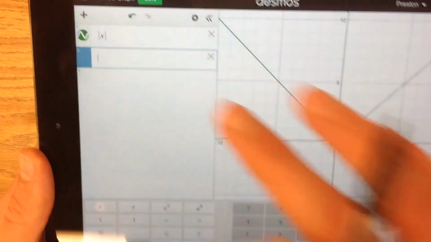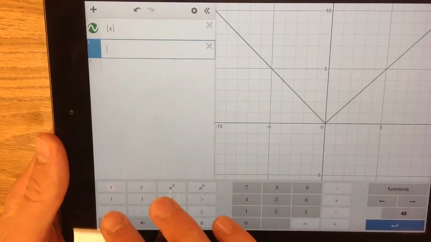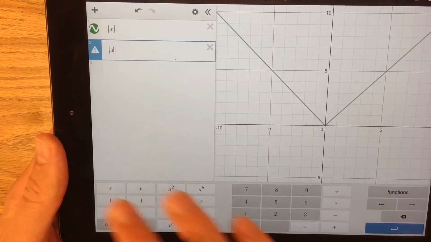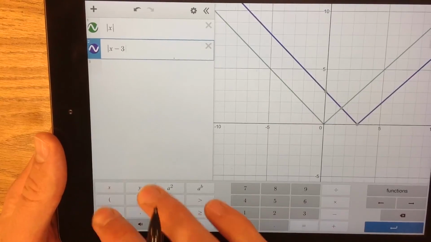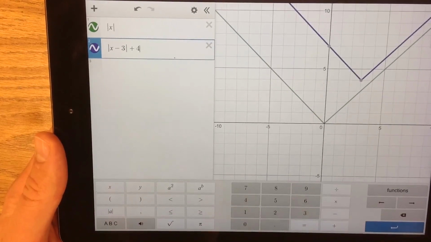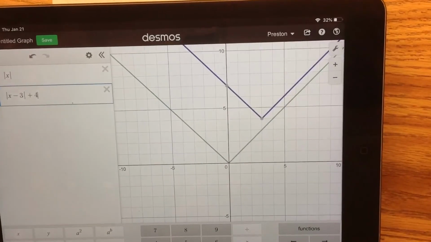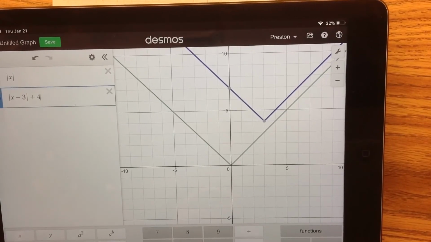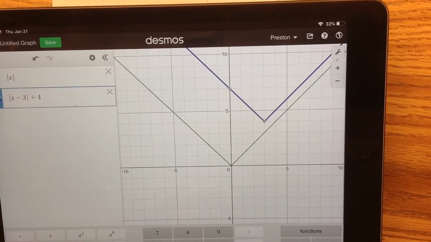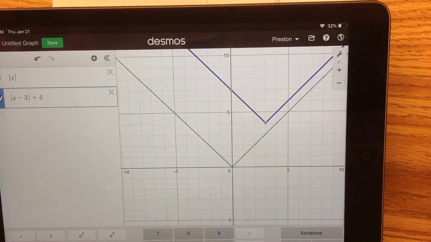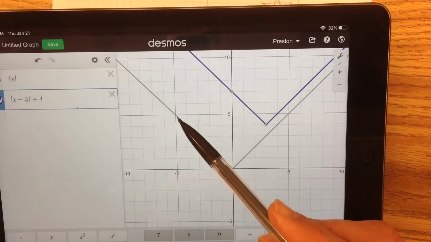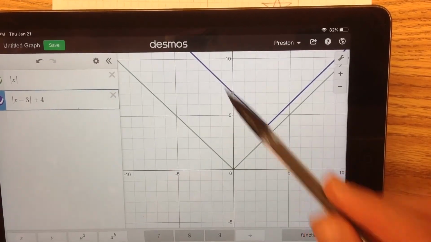And there's absolute value of x minus 3 plus 4. Looks like that. So now you have to decide what's your vector going to be. Go ahead and copy that down and then decide what's your vector going to be for that one. How do I translate, how do I go from the green to the purple?